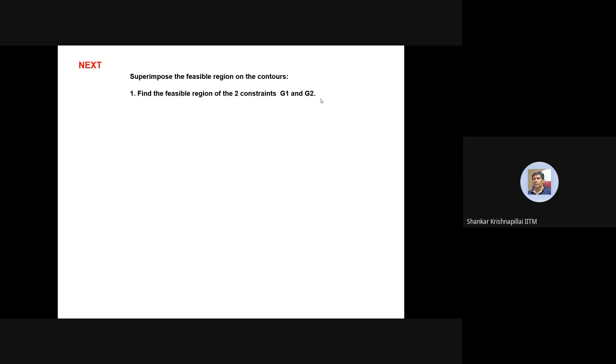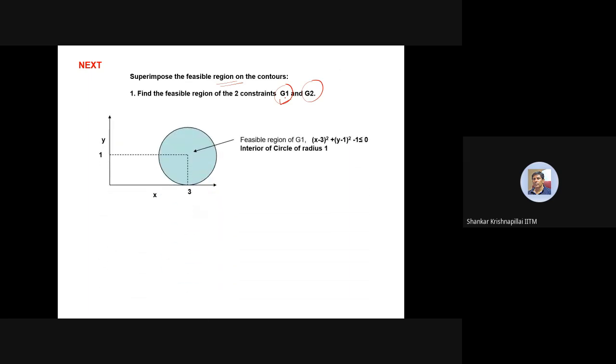Next is to impose the feasible region on the contours. So you have to find the feasible region of the two constraints G1 and G2. First let us draw the feasible region of G1. The equation of G1 is (x minus 3) whole squared plus (y minus 1) whole squared minus 1 is less than or equal to 0.